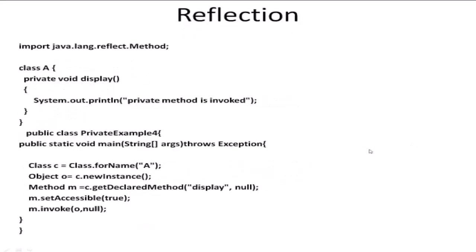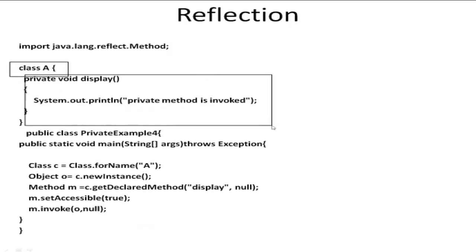The next topic is reflection. The previous one was visibility, and we check it whenever we invoke that particular kind. Here we are using a topic called reflection. We have a class A, and here we have a method called public void display.